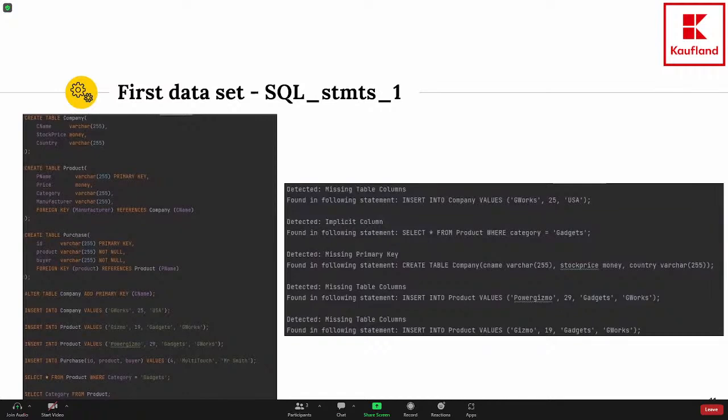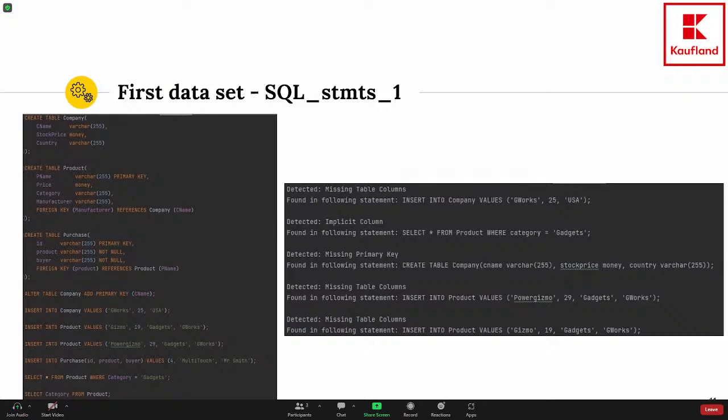Here we can observe that the first dataset contains create table, insert table, and select statements. And in the right image, we can observe the result generated by the tool. It mentions the SQL code smell and the statement where it was found.